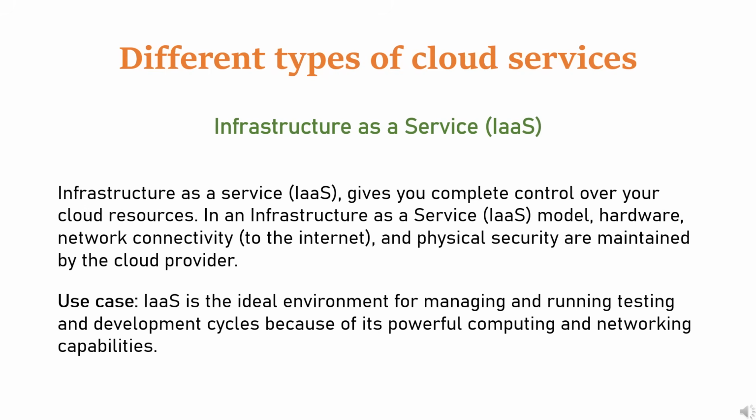Infrastructure as a service gives you complete control over your cloud resources. In an infrastructure as a service model, hardware, network connectivity, and physical security are maintained by the cloud provider. Use case. Infrastructure as a service is the ideal environment for managing and running testing and development cycles because of its powerful computing and networking capabilities.